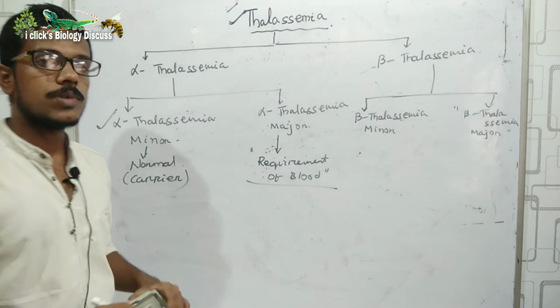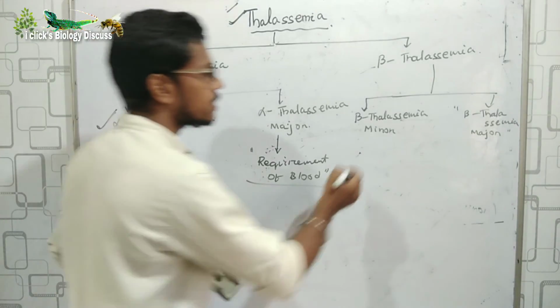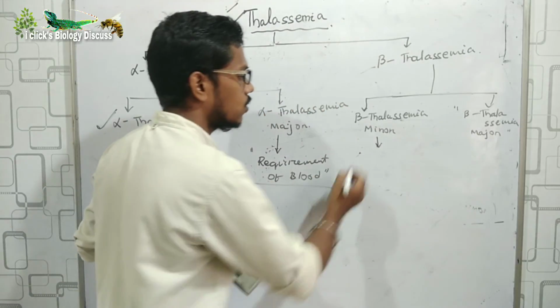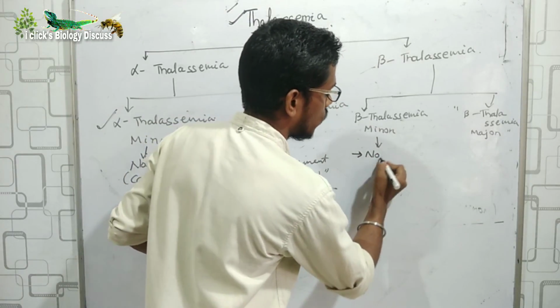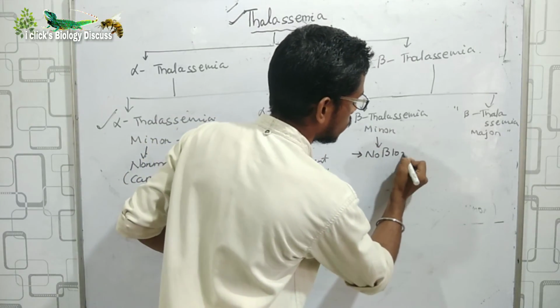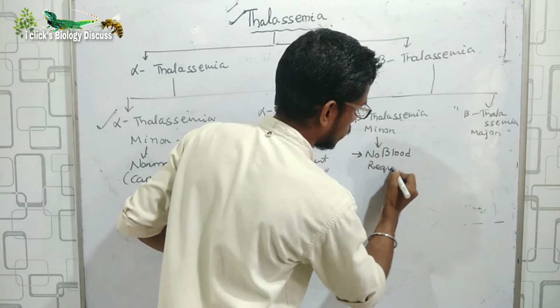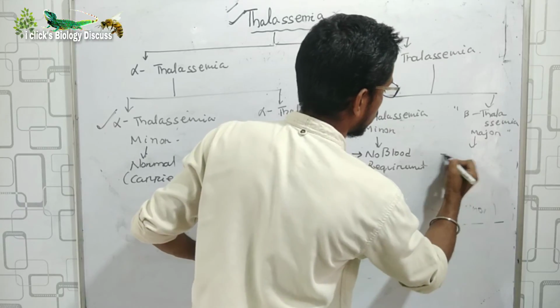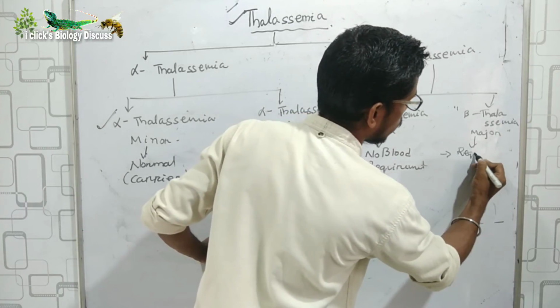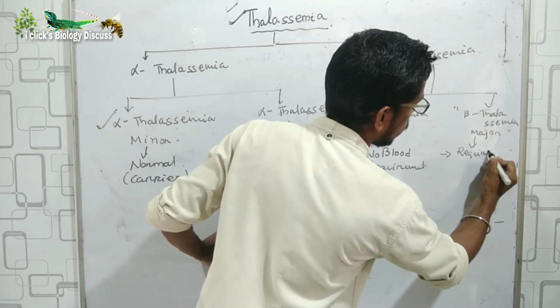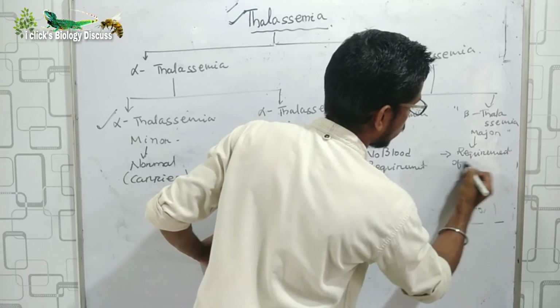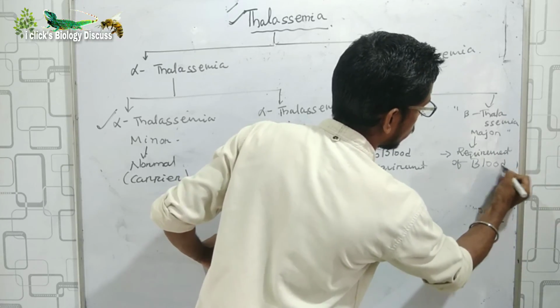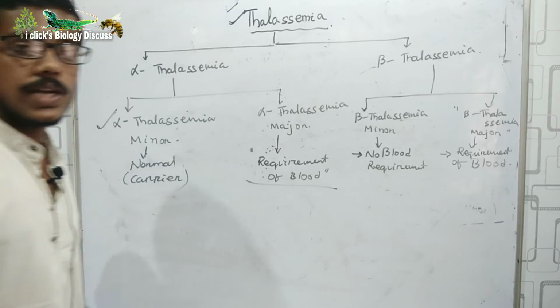In case of beta thalassemia minor, there is also no blood required. And in case of beta thalassemia major, there is a requirement of blood at regular intervals of time.